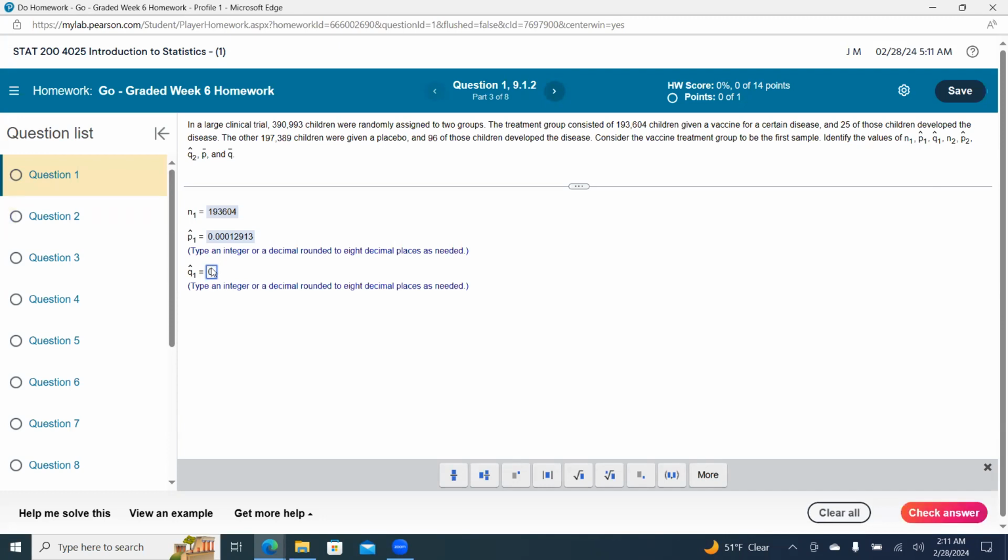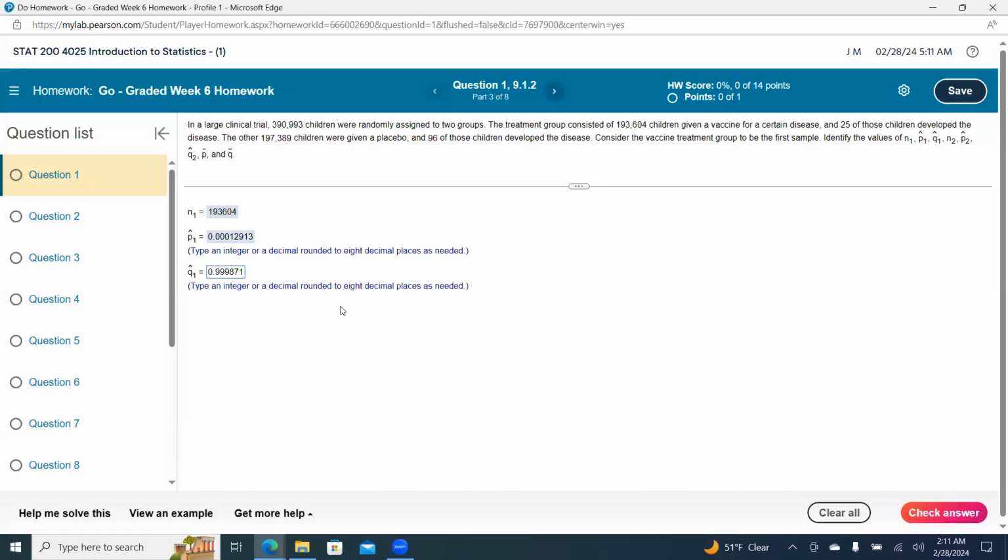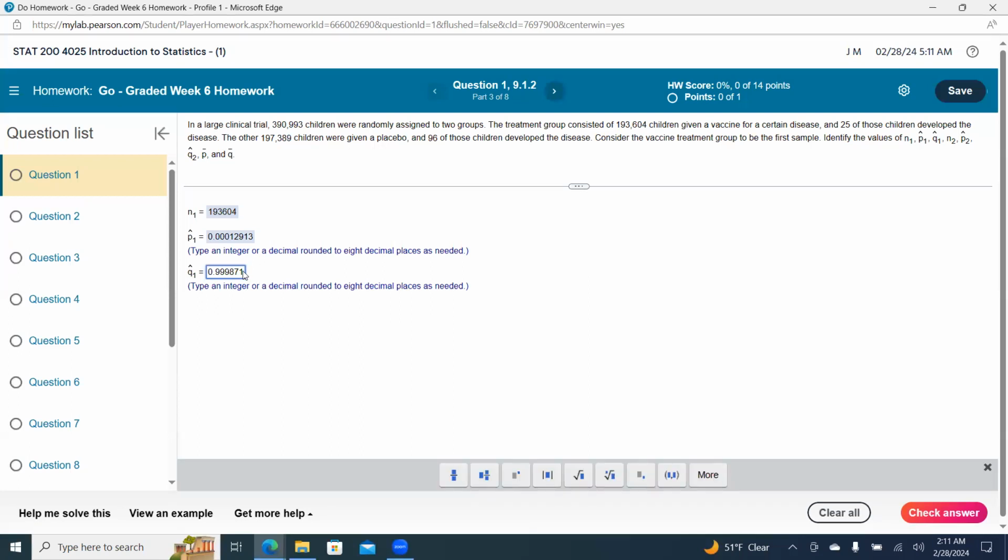So 0.999871, that's what I get. Just be careful, so it's Q1. This is a mistake, but they need 8 decimals, don't they? 0.9998787. I don't know why I chose to stop there.